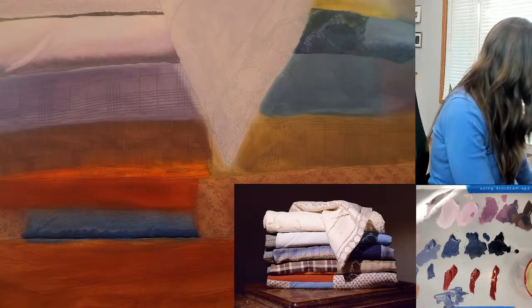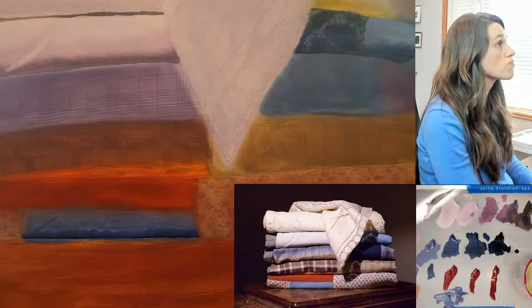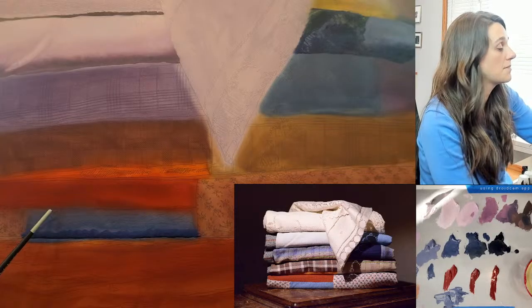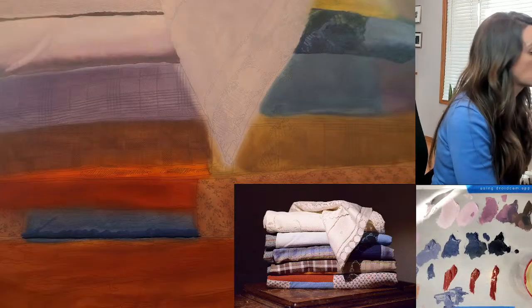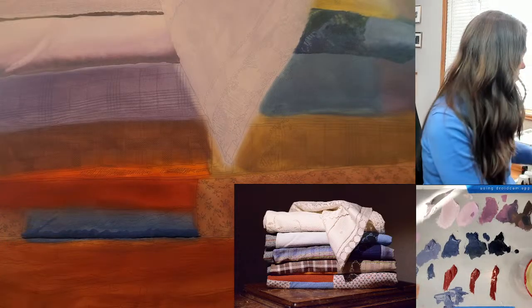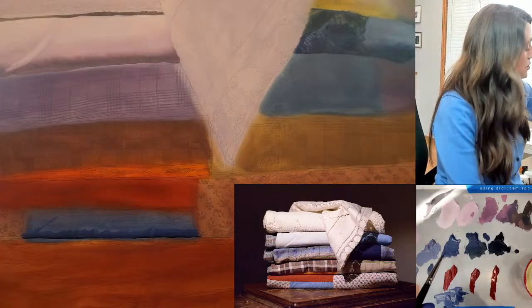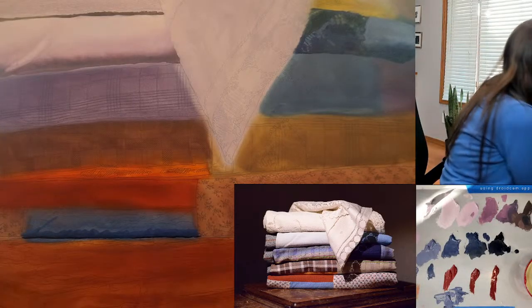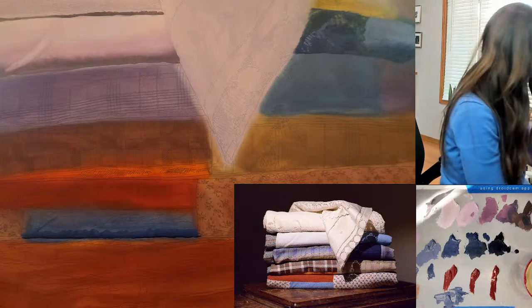Cool. So now I'm thinking about, again, I don't want to put in my brightest highlights, which is going to happen in here. I do just want to get in some of the light values, although I'm going to mix more of that transition between. I know that there's a big jump between these two values, and I want to mix more of that admixture in between because it's going to be really important for this area.